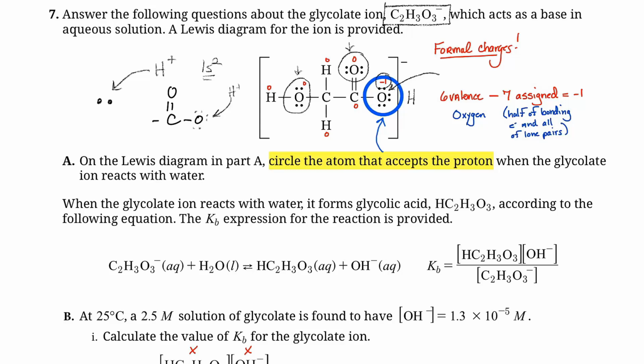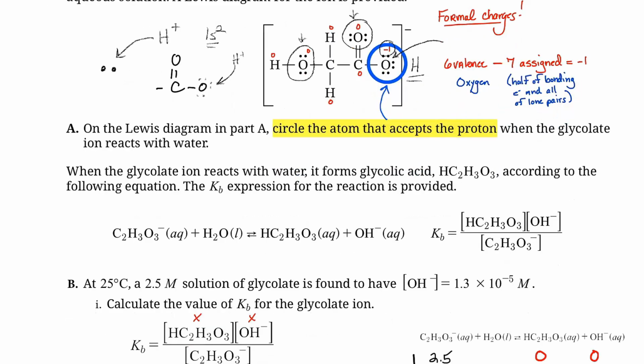So that is going to be the basic part of that conjugate base that's going to absorb the proton and reform the acid. Remember, conjugate acid-base pairs change by gaining an H or losing an H. So if that's the acidic H that belongs there, that's where the H is going to return, if that gives you another way to think about it. In any case, 7 is where I circled. That is the basic oxygen, and if I put an H there, that would be the acidic H for reasons I just explained. So on to B.